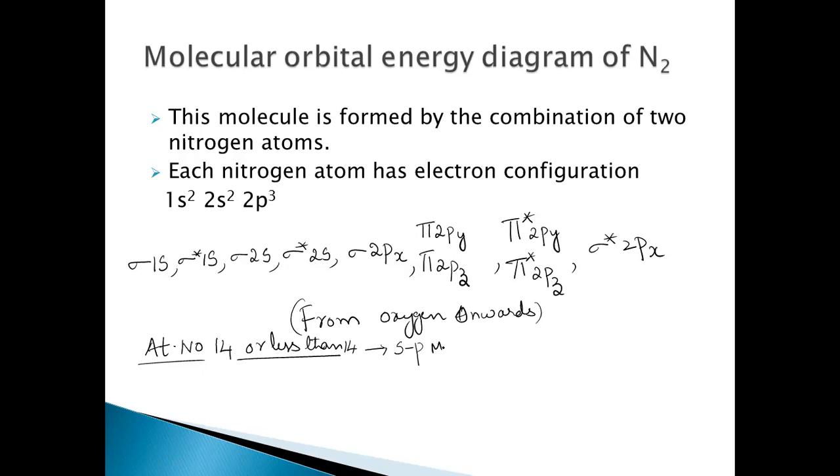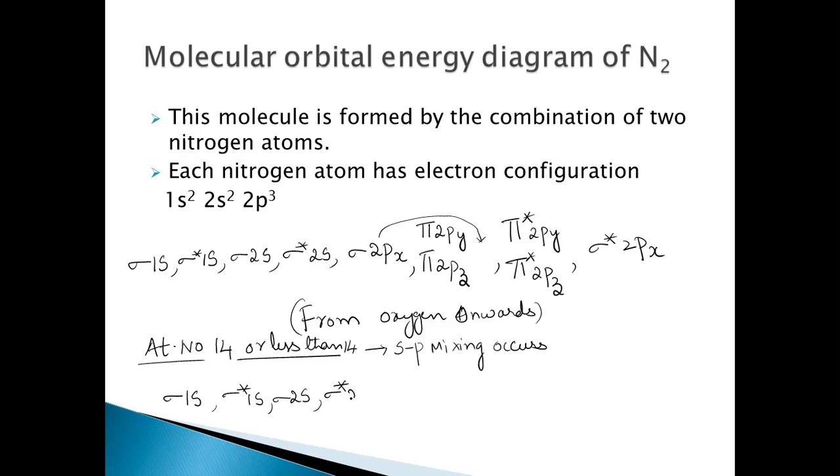Because of this sp mixing, the energy of sigma 2px is more than that of pi 2py or pi 2pz. So the sigma orbital has more energy when compared to the pi.